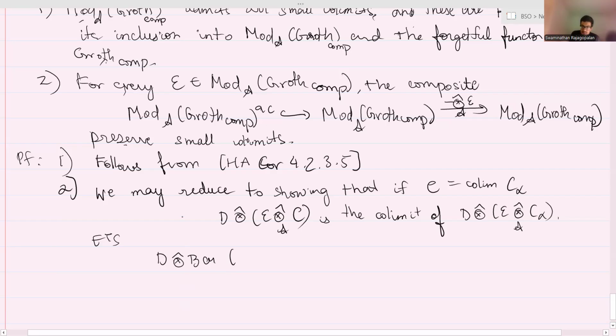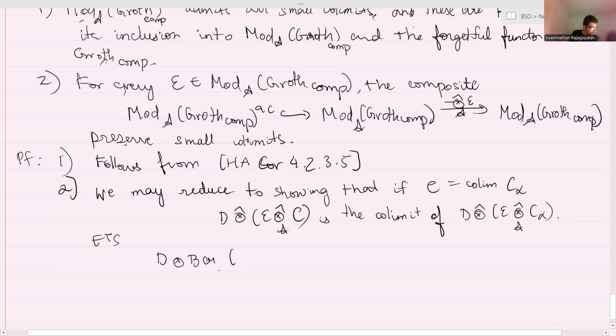Okay, maybe I skip a step here, and I'll say that we first look at everything in Groth, not in Groth comp, so that this statement about almost compact morphisms behaves well, and then in the end we will take completions of everything.